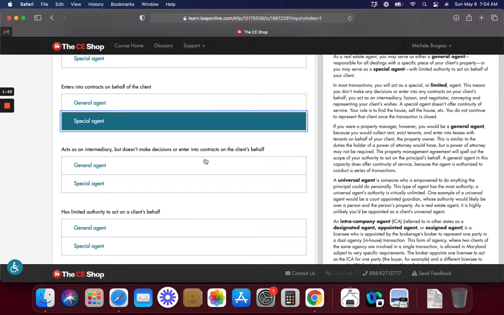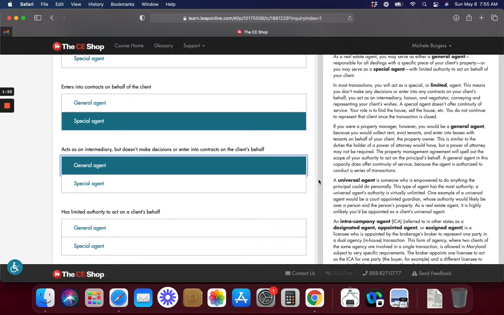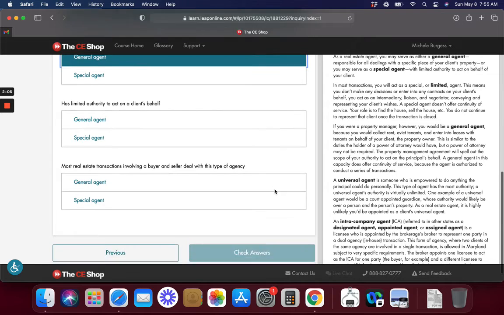Acts as an, and this is not talking about 007 special agent either. Acts as an intermediary but doesn't make decisions or enter into contracts on their client's behalf. I believe that is a general one. You do not. You are just representing them, but you are not making decisions for them. You are not telling them what houses to buy. You're just offering them decisions.